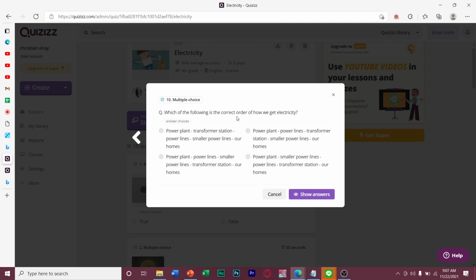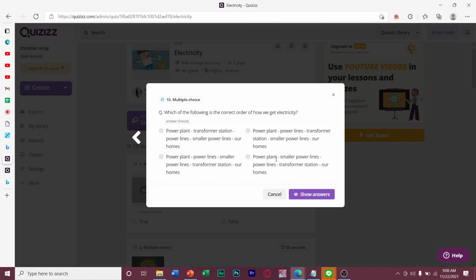Which of the following is correct for how to get electricity? A, power plant, transformer station, power lines, smaller power lines, our homes. B, power plant, power lines, transformer station, smaller power lines, our homes. C, power plant, power lines, smaller power lines, transformer station, our homes.